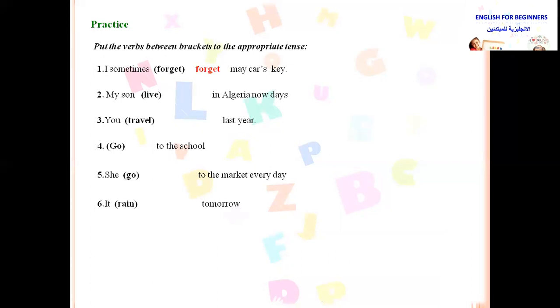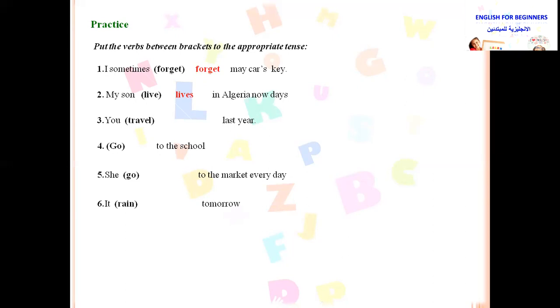My son in Algeria nowadays. Nowadays is the marker here. So my son lives in Algeria nowadays. I have the verb in the present plus s because it's with the third person pronoun, my son, he.